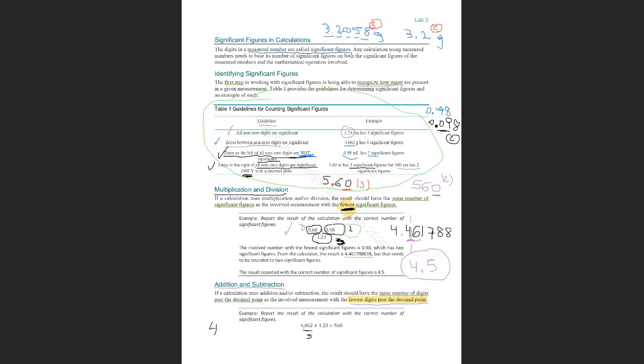because it's 4.062. I looked at the digits past the decimal point. 1, 2, 3. How many digits past the decimal point has the number 1.23?